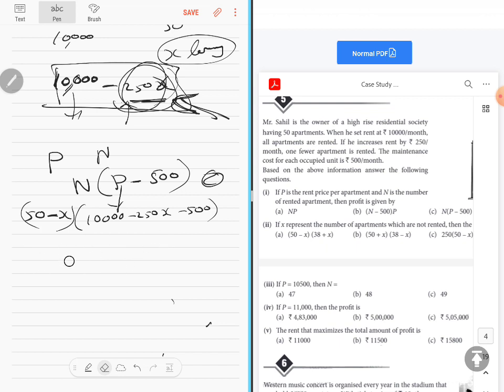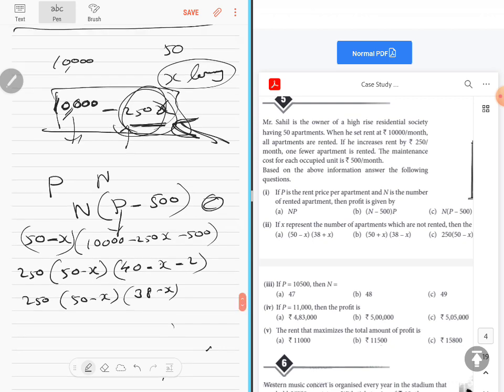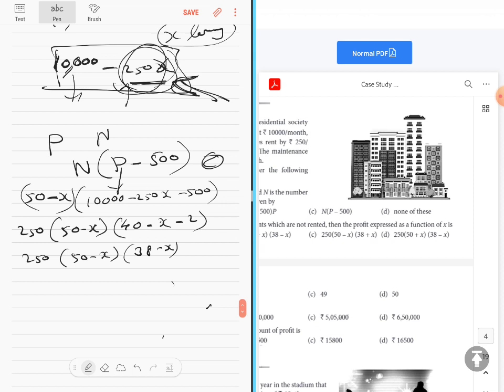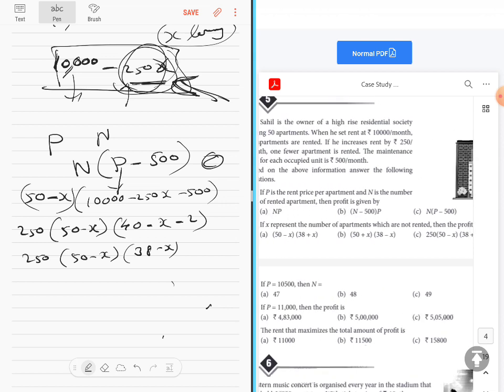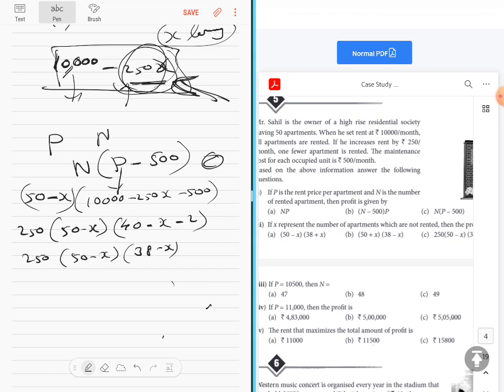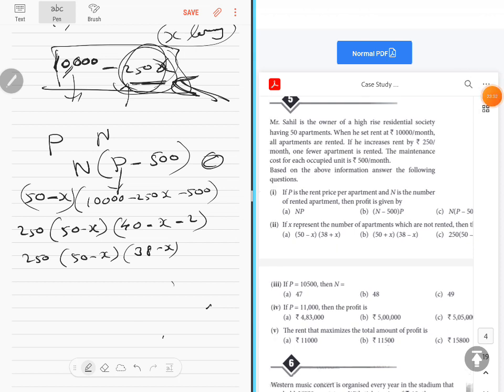From this entire equation you can take out 250 as common. You get 50 minus x into 40 minus x minus 2. This is 250 into 50 minus x into 38 minus x. Oh, I made a mistake here.